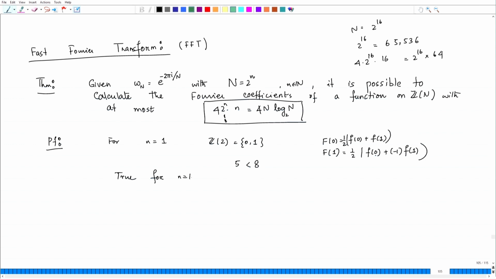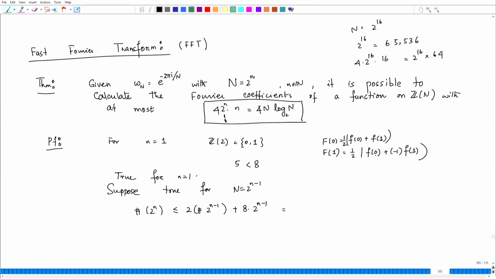So, true for n equal to 1. Suppose it is true for n equal to 2 to the power n minus 1. Then by applying the cardinality bound, by lemma 2, cardinality of 2 to the power n is at most 2 into cardinality of 2 to the power n minus 1 plus 8 into 2 to the power n minus 1, that is your M 2.